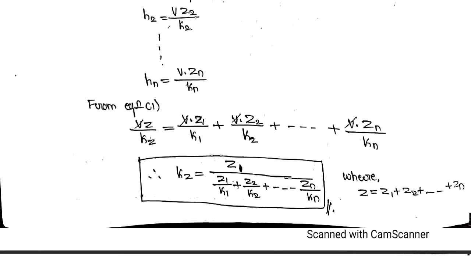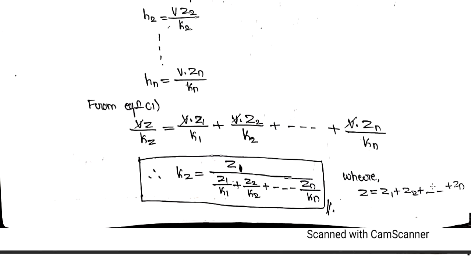So Kz is equal to z divided by, in the denominator, z1 divided by k1 plus z2 divided by k2 plus so on, zn divided by kn, where z is equal to z1 plus z2 till zn. So z is the total thickness of all the layers, and z1, z2, z3 are the individual thicknesses of the layers.